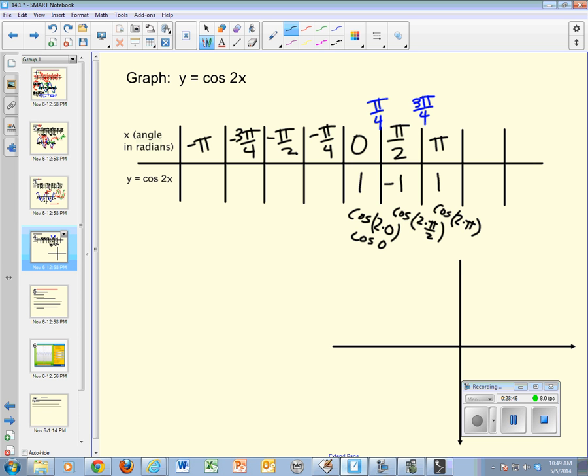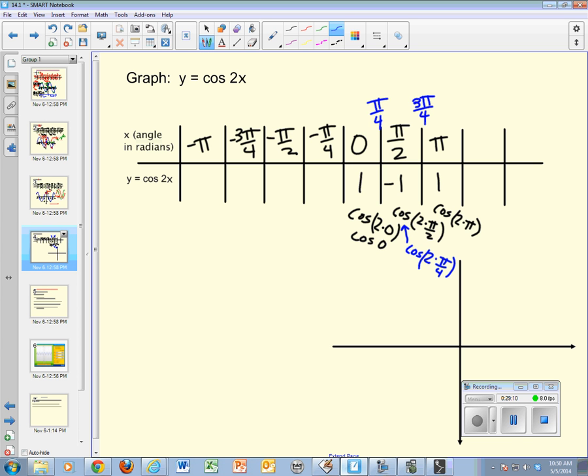And let's maybe just do one of these blue ones together. So in between here, I have the cosine of 2 times pi over 4, which gives us 2 pi over 4, which is the same as pi over 2.